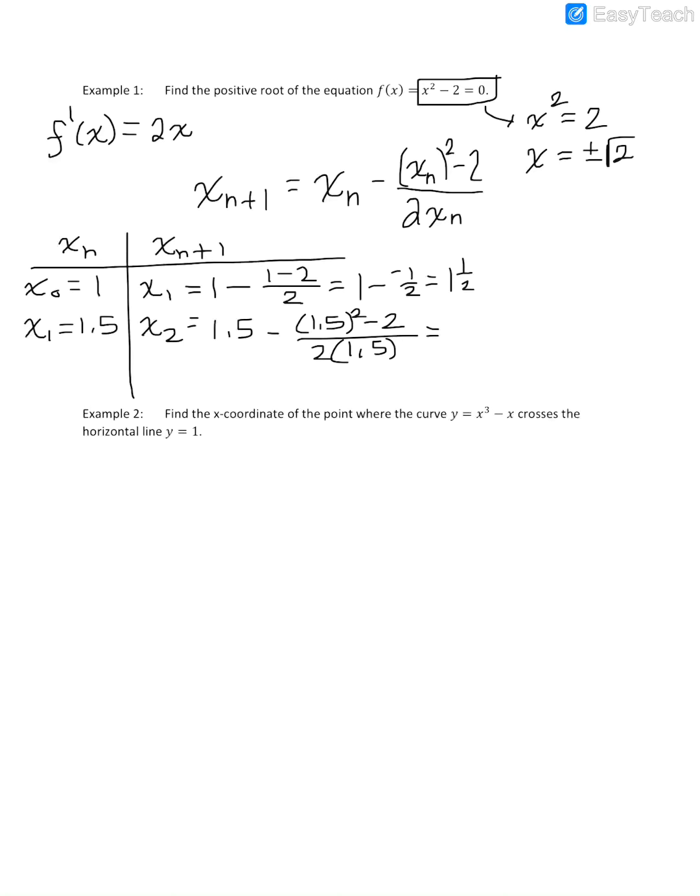Okay, I'm going to put that all into my calculator, and I get 1.41666 repeating. That now is my x2. And so my x3 is going to be the formula plugging in the 1.416 repeating.